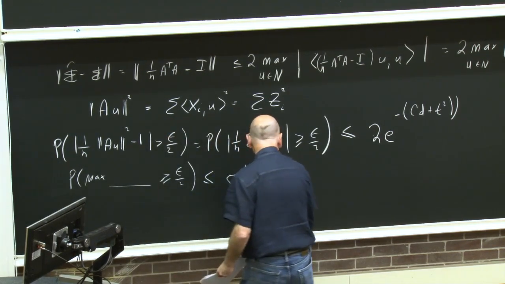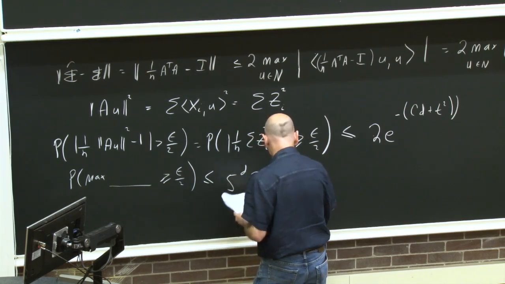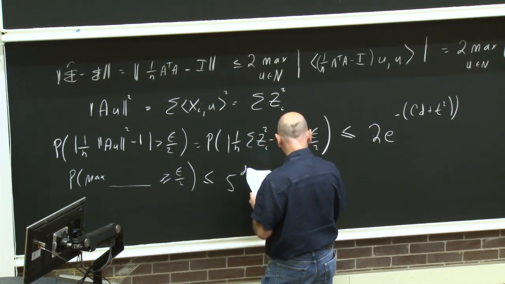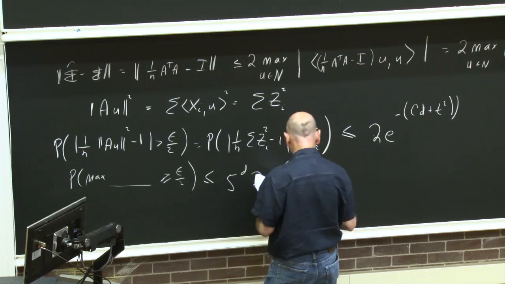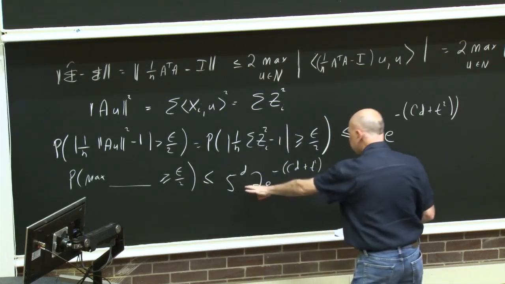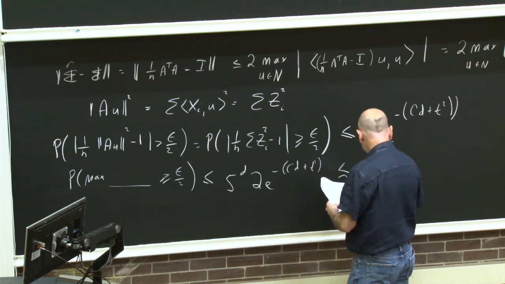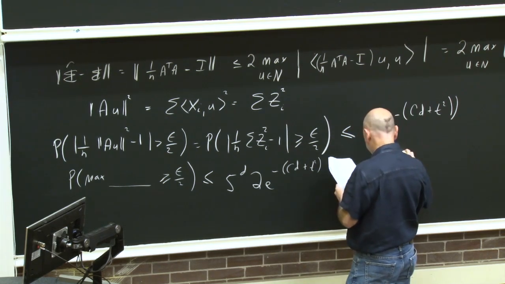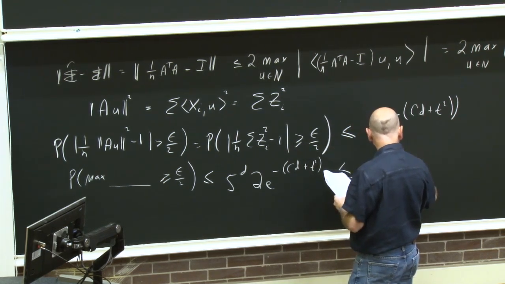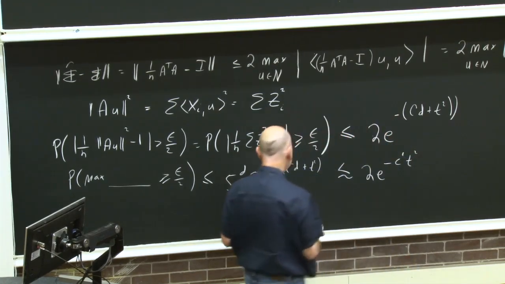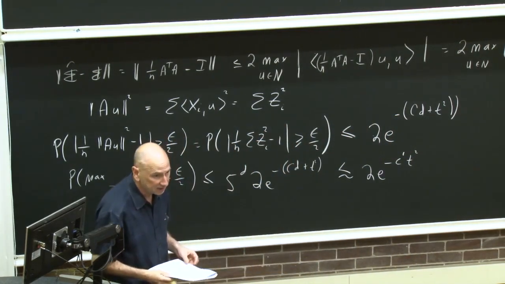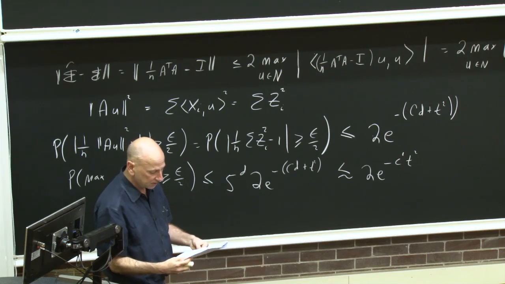I'm just doing the union bound. But this is slower than this. So this can be rewritten, up to some constants, as e to some other constant c prime times t squared. Remember, d is fixed here. I'm not letting d increase. So it's just a constant.